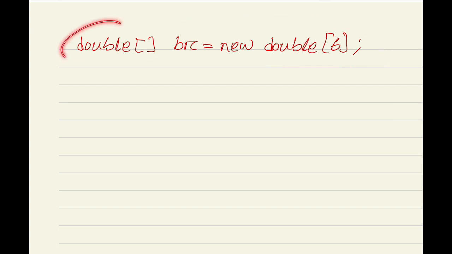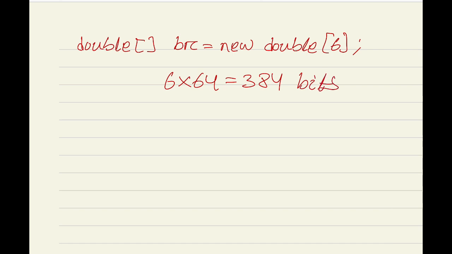Then if we execute this statement, then 6 into 64, that is equal to 384 bits of memory is allocated to the array. So here please remember that when the space for an array is allocated, the array size must be given. So here array size is 6.